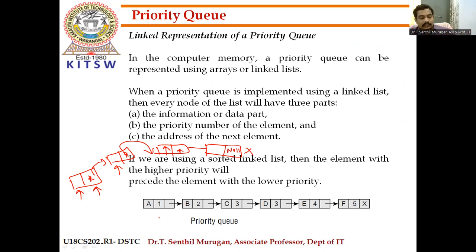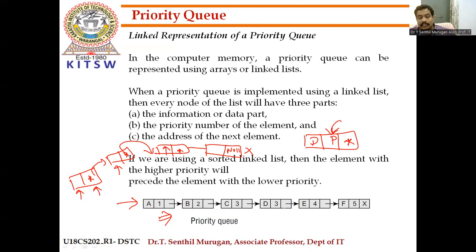So if we use a linked list for the priority queue, after the data we will also store the priority. Here the data should be there, then we will get the priority, then the pointer will be there. So we have to add an extra priority for each element. And this is ordered, in the same order: first priority, second priority, third priority.